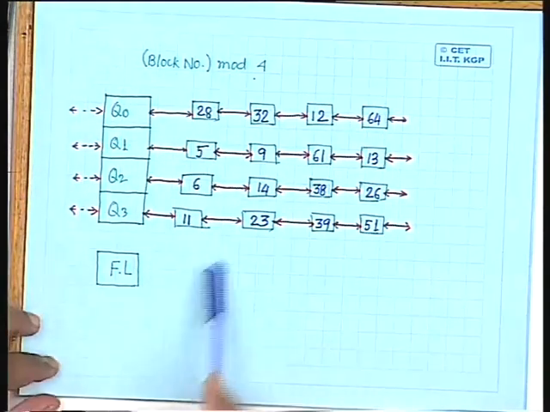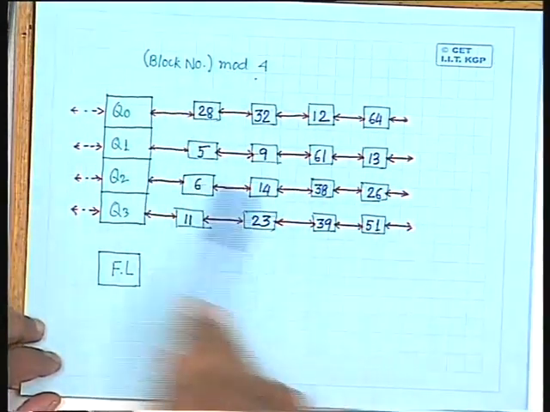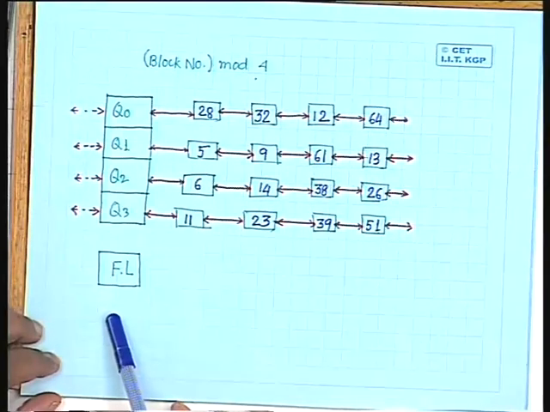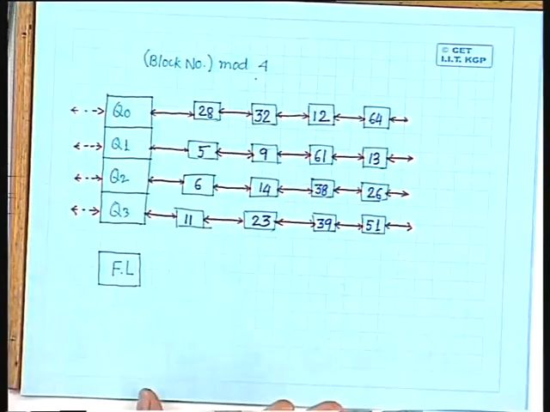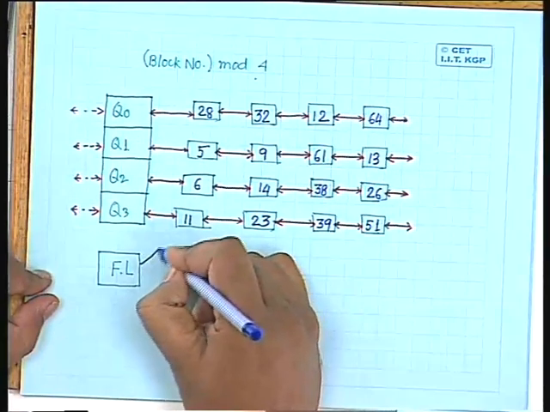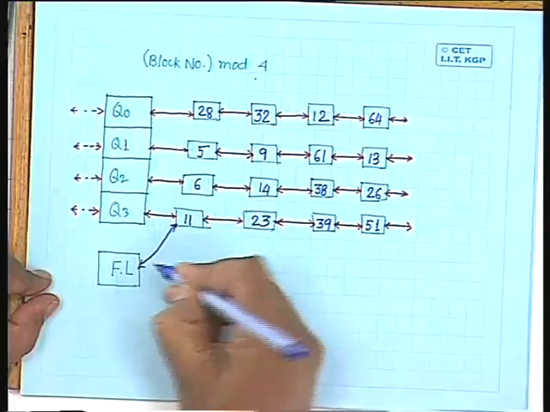Right? So here, because all these buffers are present in the hash queue, some of them will also be present in the free list. Or maybe all of them will also be present in the free list if none of these buffers are being used by any of the processes at a particular instant of time. So I can have a free list like this.